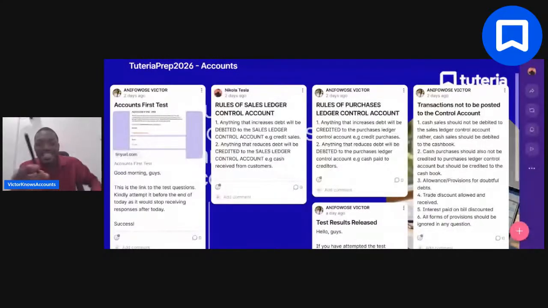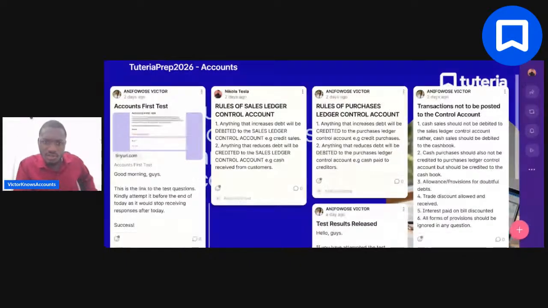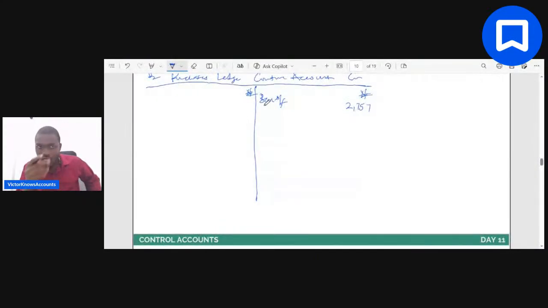So anything that increases our debt to our suppliers has to be credited to the purchases ledger control account, for example, credit purchases. But anything that reduces that debt will be debited, for example, cash paid to creditors. So this is the rule that we are using.